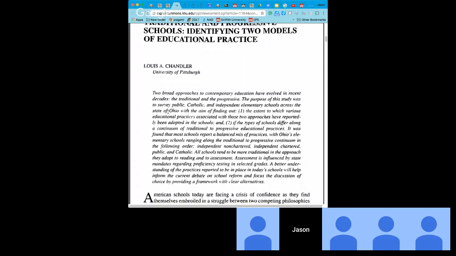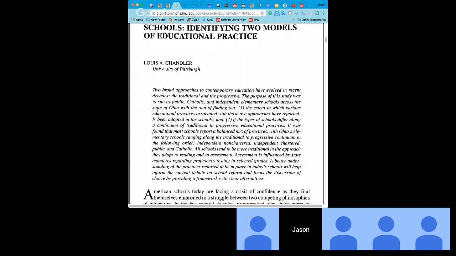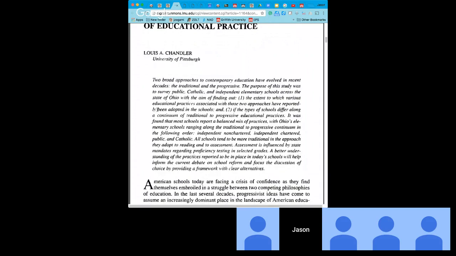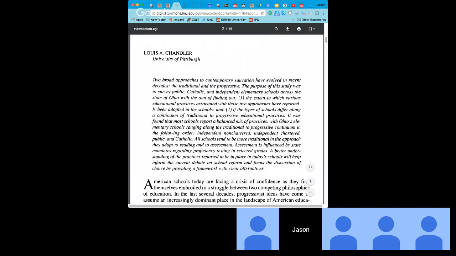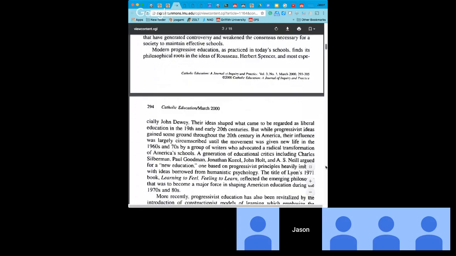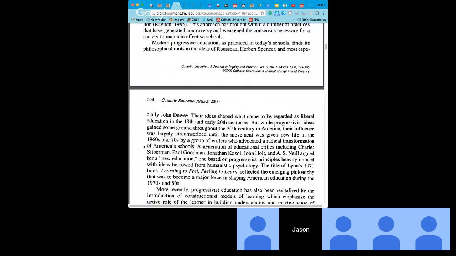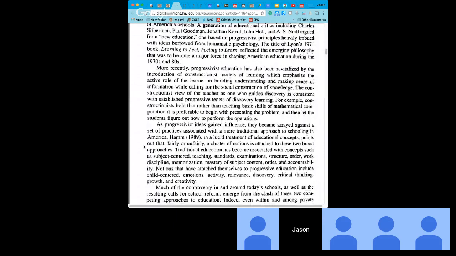So Chandler explores how various innovations in education have been challenged by supporters of more traditional approaches to education. Now, he does focus on the American approach, but he draws out from some of the major influences, particularly from Dewey, who we'll talk about in a second, but also some of the other key influences around pedagogical change.